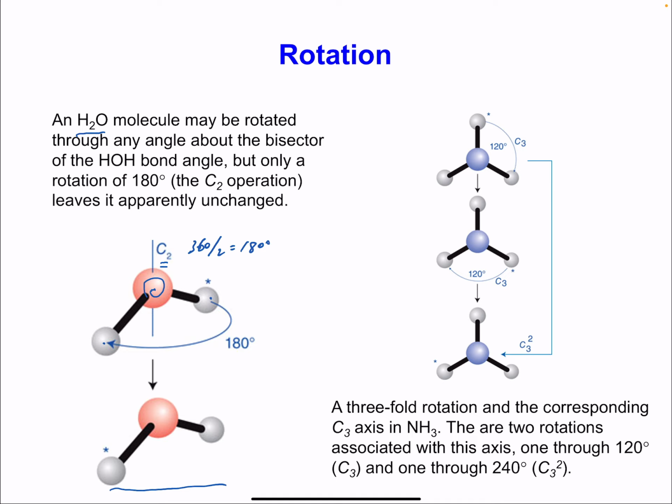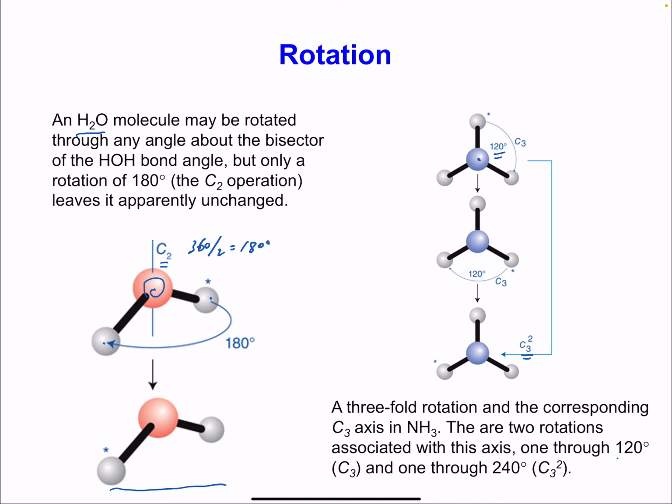And here is the ammonia molecule. You can see there's a C3 rotation if you draw an axis perpendicular to the screen through the nitrogen atom here. Rotated by 120 degrees, you can repeat the molecule.